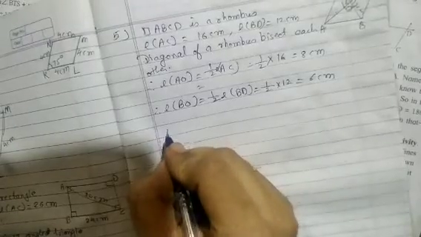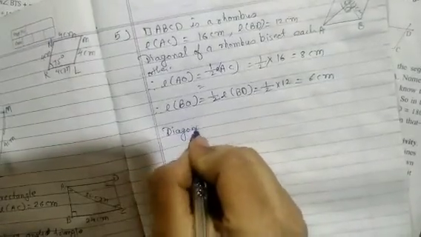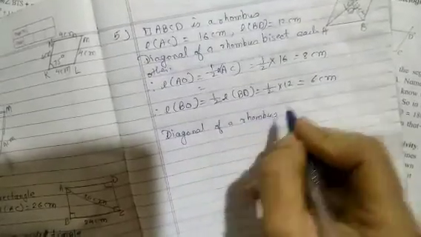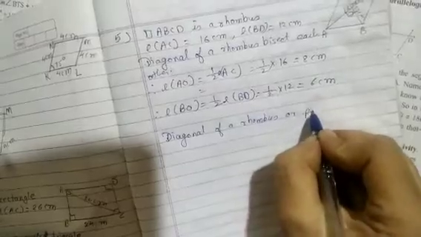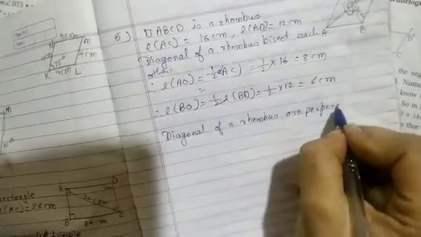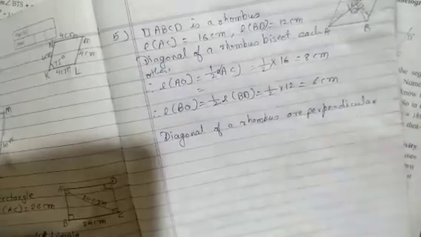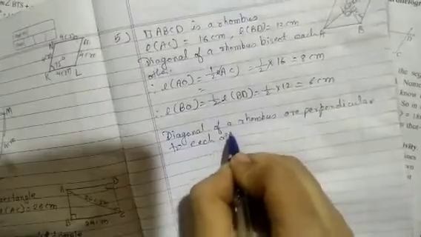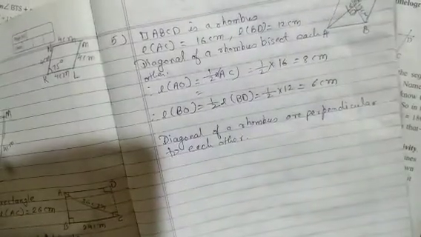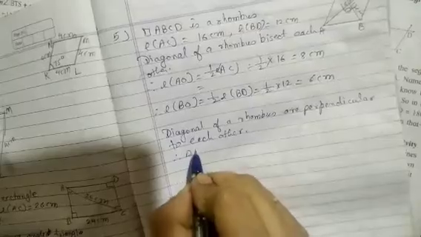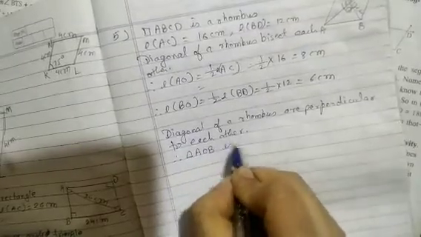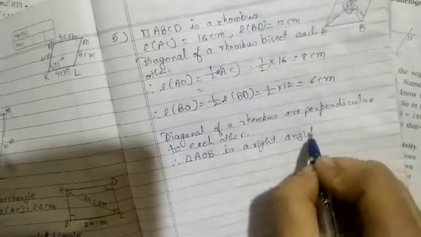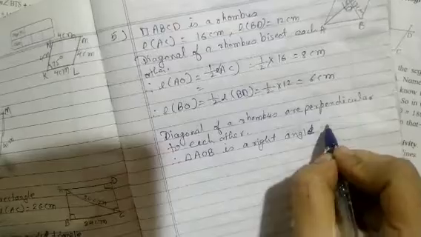Here we will write: diagonals of a rhombus are perpendicular to each other. They bisect, but they are also perpendicular. Therefore, the triangle AOB is a right angle triangle.